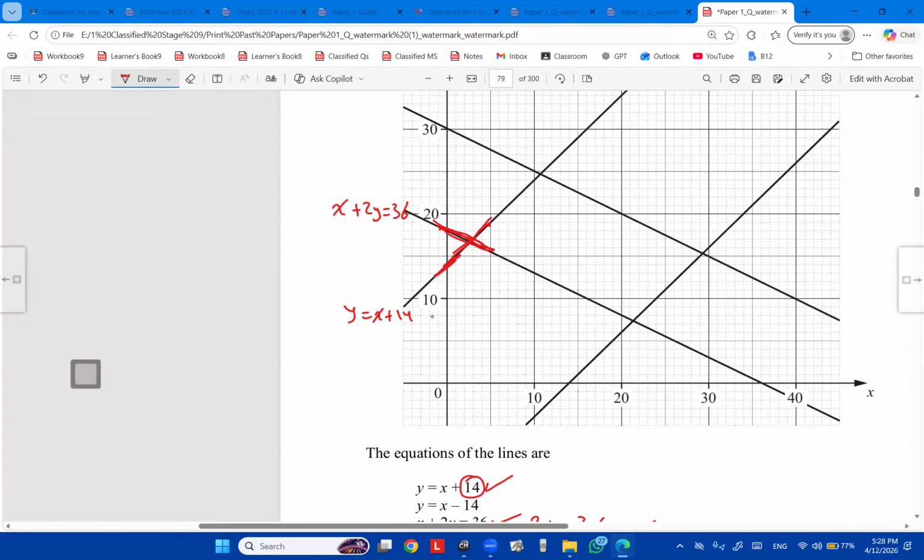Good. They don't want you just to identify them or to label them. They want you actually to do what? To find a solution for x and for y. So you need to do what? I need to illustrate over here to see what the x is equal to if I go straight. Look at this.